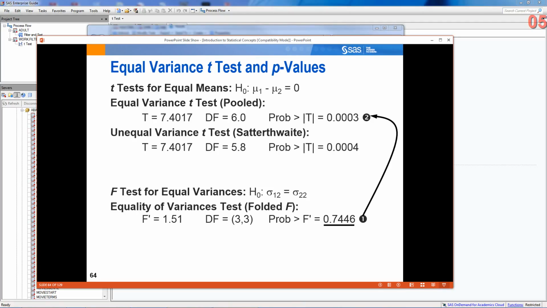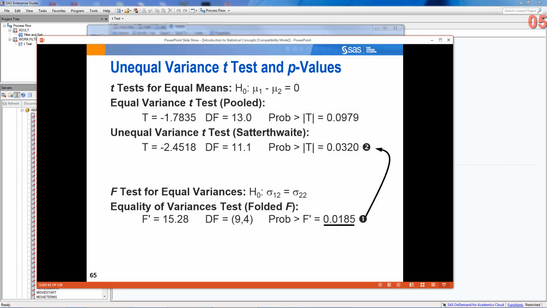are different. Now, on the other hand, if we come up with a different scenario, for example, where the equality of variance test comes up very, very high, and we find the variances are not equal.